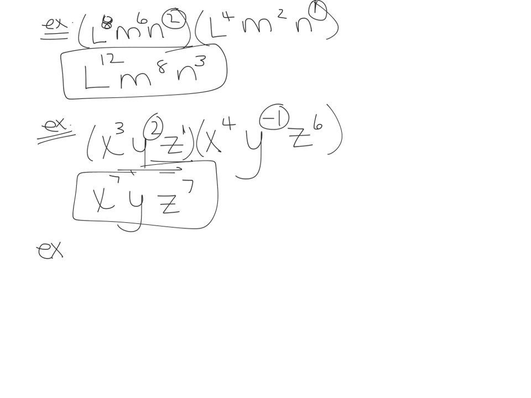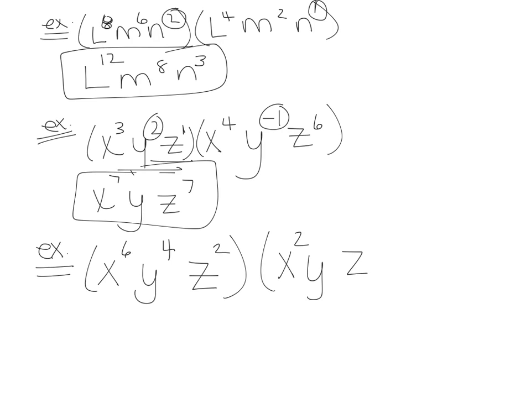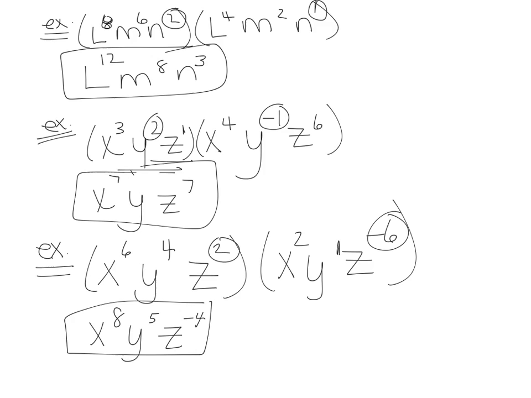What if I had one that looked like this? X to the 6th, y to the 4th, z squared times x squared y z to the negative 6th. Well, I have x to the 8th, y, this has an exponent of 1, y to the 4th, z to the 2 and negative 6 make negative 4. If I circle this, why am I losing points?